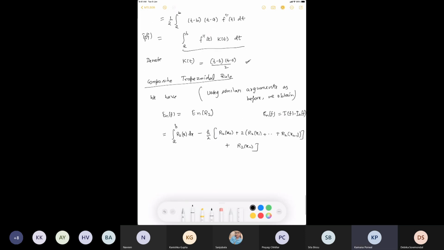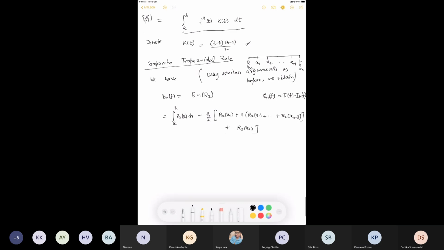Okay. So the setting is the same. We have the interval AB, which is divided into n subintervals with equal length. Okay. So this is how we will end up.